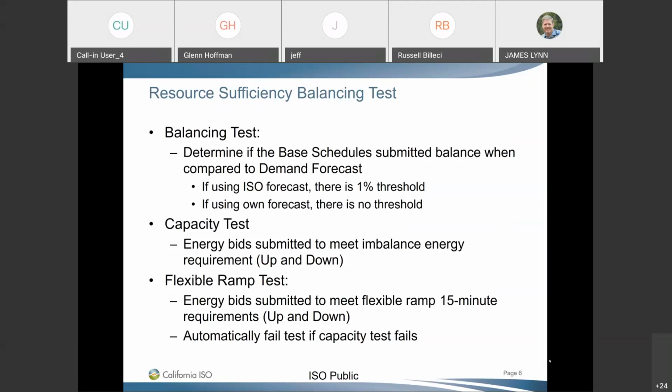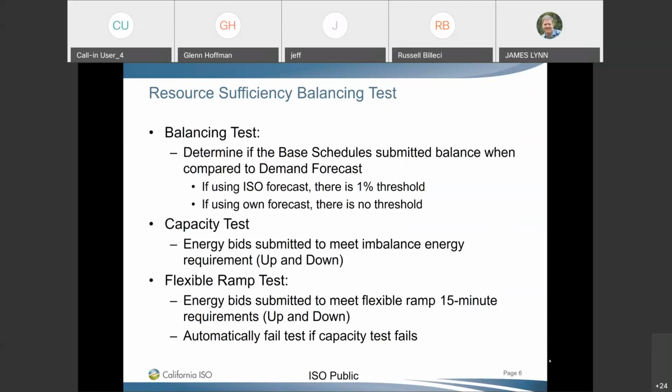If there is an imbalance requirement that says I need 500 megawatts of upward capacity and I've only provided 480 as bids, then you're going to fail this upward capacity test. Now, it has some ramifications on the flexible ramp test, but we'll go into more detail on that. But in essence, we're trying to make sure that you have enough bids to meet the imbalance requirements.